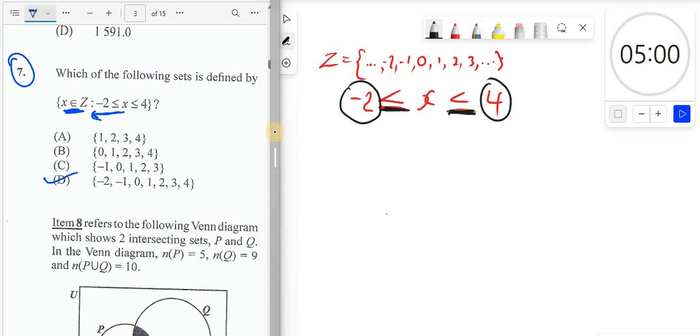So x, remember x is a member of the set of integers. This symbol here means member of, or element of Z. So x simply represents the numbers that are a member of Z, the set of integers. Now, since x is greater than, go in this direction, because you meet the opening first, right?